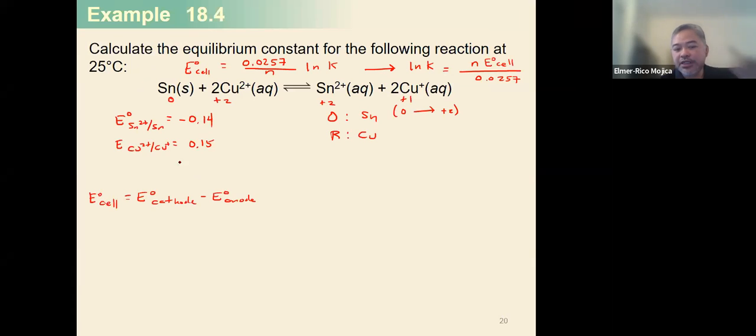Now, which one are we going to determine is the cathode and which one the anode? The answer is this one. So what's the cathode? What value of the cathode are we going to put?